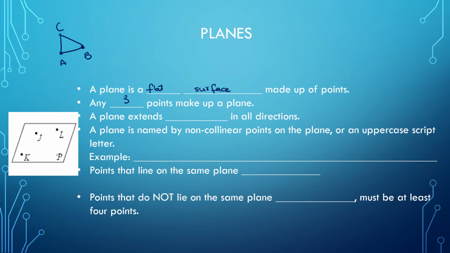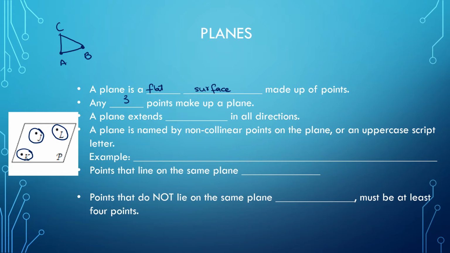You can name the plane in 2 different ways. You will have to use the word plane in both ways. You can either use the 3 points that are given on the plane. Now keep in mind these points have to be non-collinear. What was non-collinear? Non-collinear is that the points cannot be on the same line.